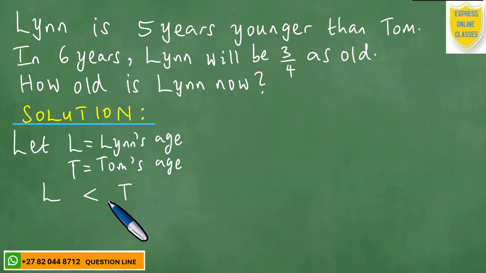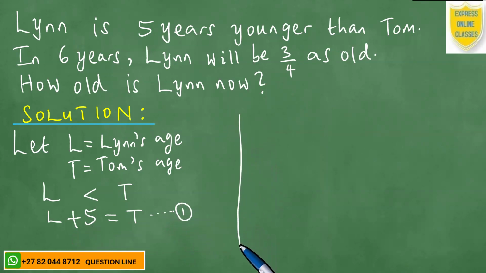Therefore, if we add 5 to Lynn's age, we have equality. This produces a mathematical equation. Let us call this the first equation.